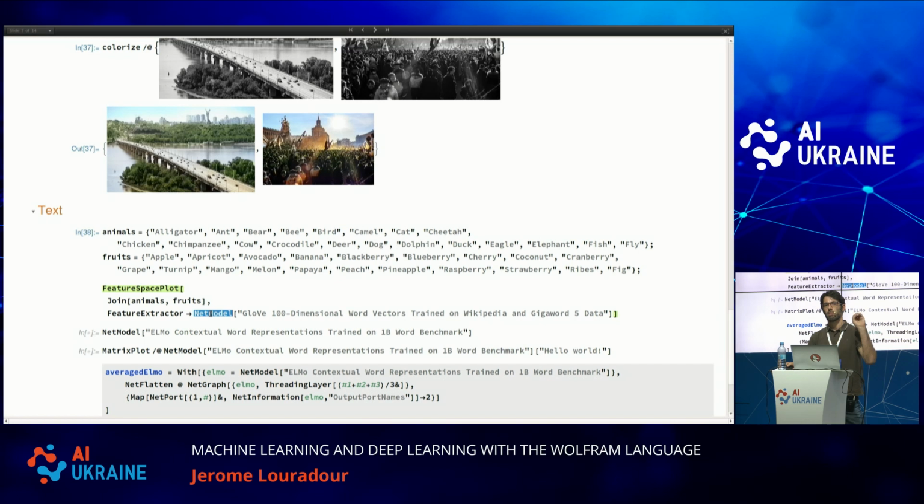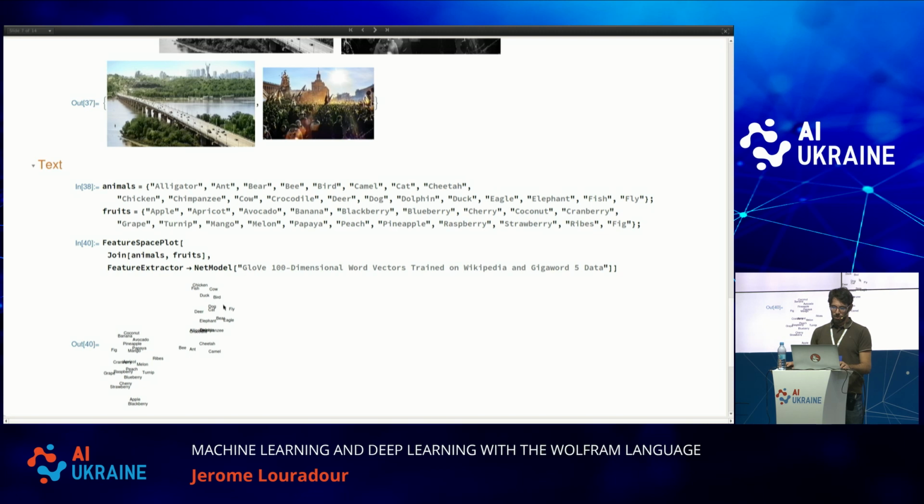Word embeddings just map each word into a vectorial space, which is supposed to be semantic. Here feature space plot is doing a dimensionality reduction in 2D so that you can visualize your features. And so you can see that words corresponding to animals are together and words corresponding to fruits are together also.